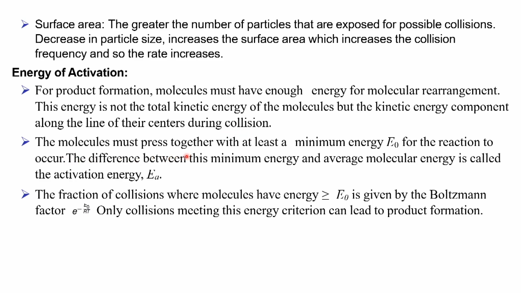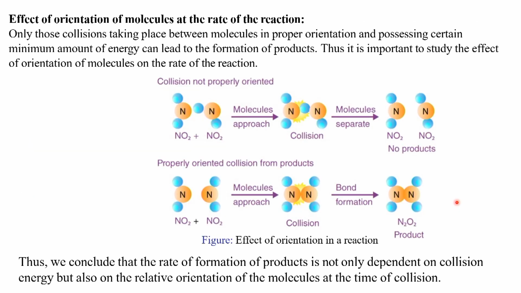So the molecules must press together with at least a minimum energy E naught for the reaction to occur. The difference between this minimum energy and the average molecular energy is called the activation energy. The fraction of collisions where molecules have energy greater than or equal to E naught is given by the Boltzmann factor e to the minus E naught by RT. Only collisions meeting this energy criterion can lead to product formation.